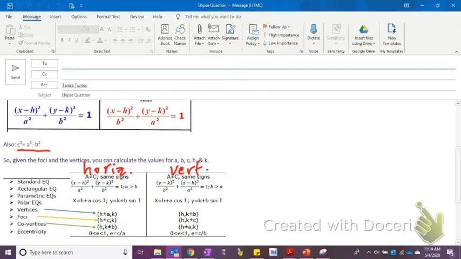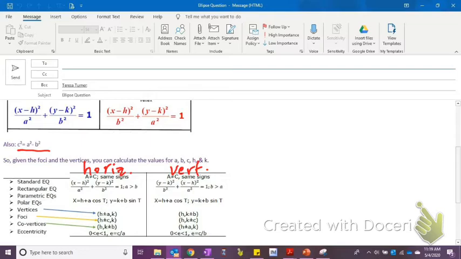So looking at the one on the left, the formula for the vertices is H plus or minus the value of A, comma K. If it's a vertical ellipse, the vertices are at the points H, comma K, plus or minus B. So again, plus or minus the distance to the vertex on the left, plus or minus the distance to the co-vertices on the right.